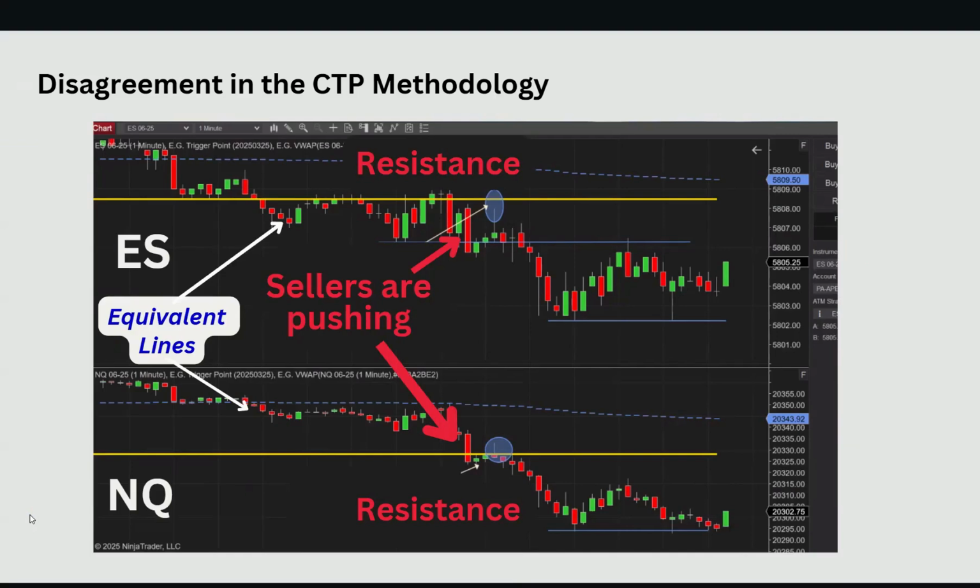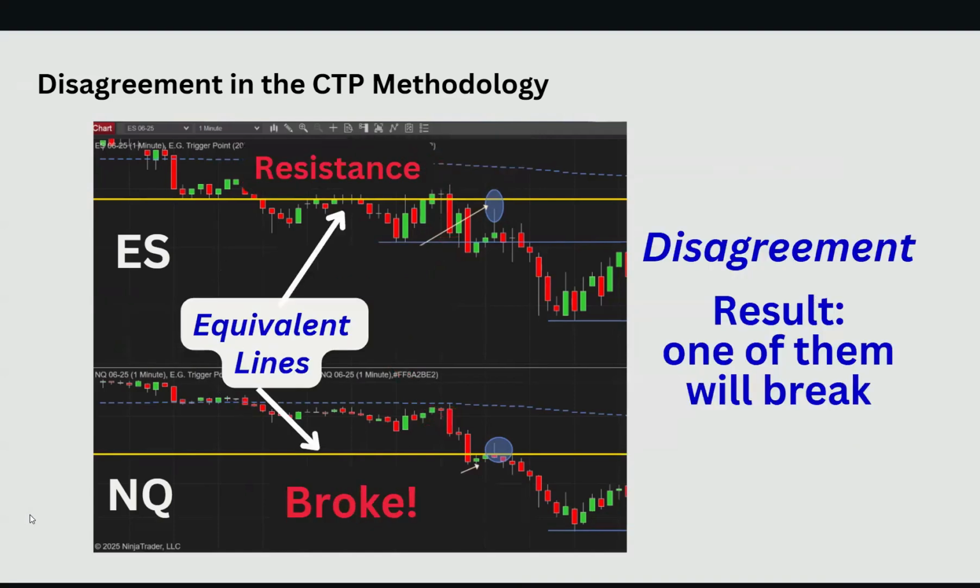Guys, reading the price action is about identifying and anticipating these breakout candles when the sellers or the buyers are pushing. So in this case, NQ broke, NQ followed ES, and a breakout candle was observed when the sellers were pushing here on ES to the downside of support level.